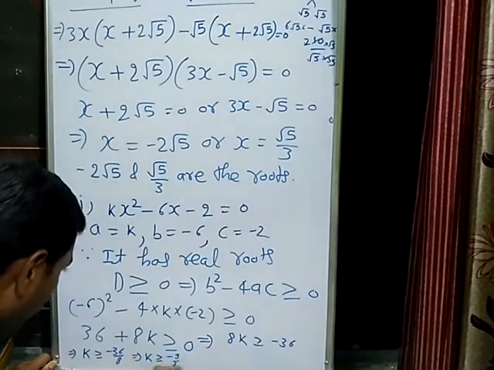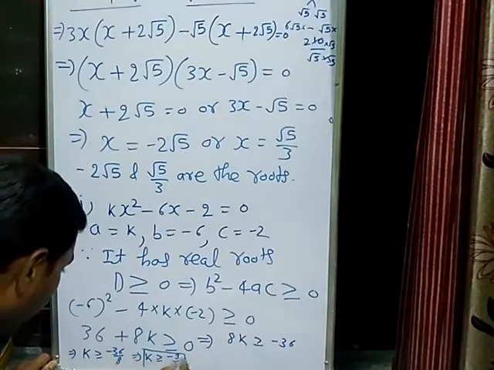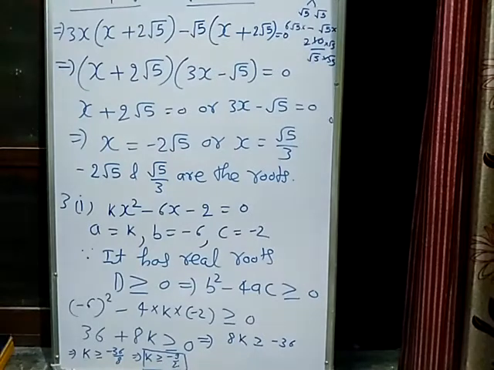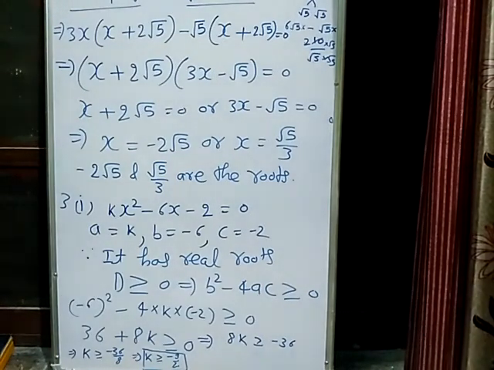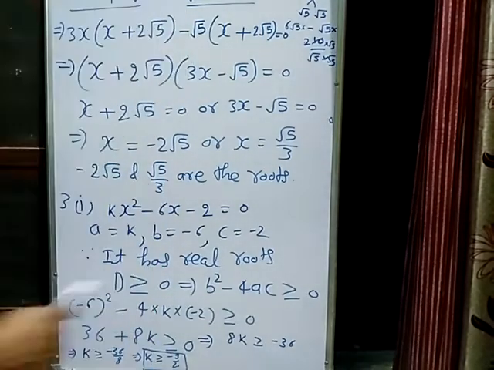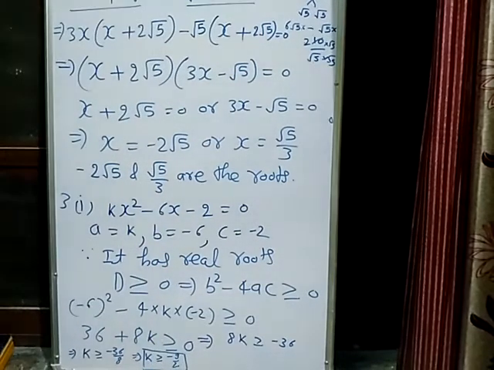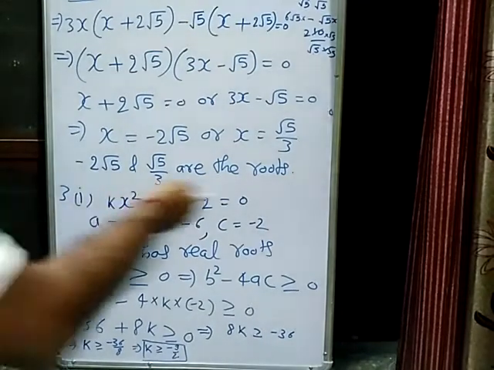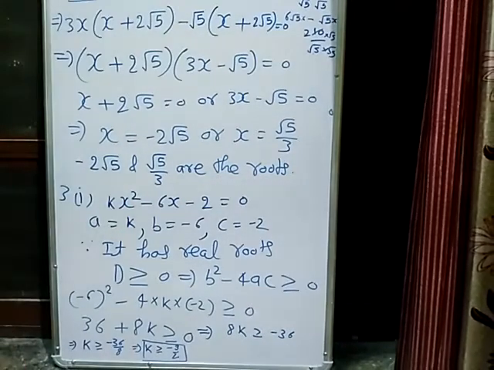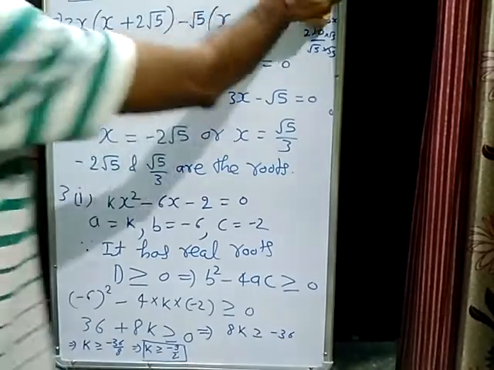Minus 9 upon 2. So this is the solution of this first question. K must be greater than or equal to minus 9 by 2. If the value of k is greater than or equal to minus 9 by 2, then this equation has real roots.